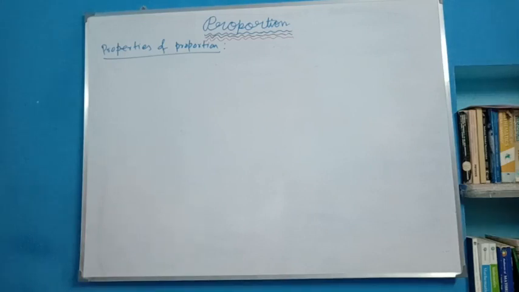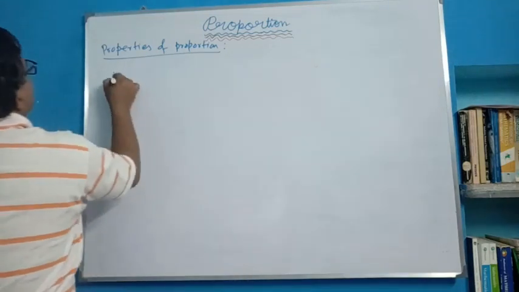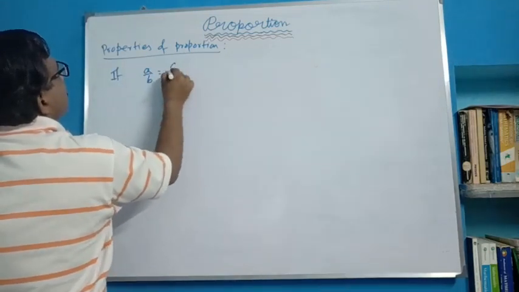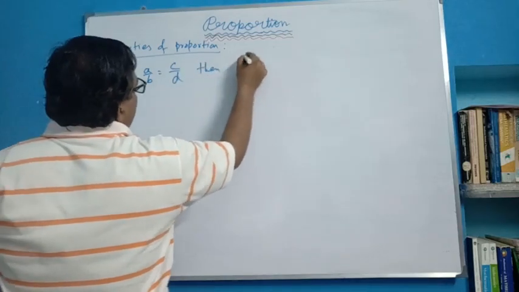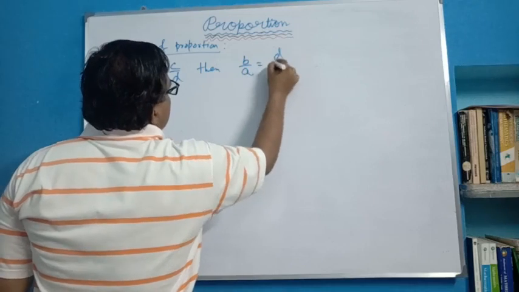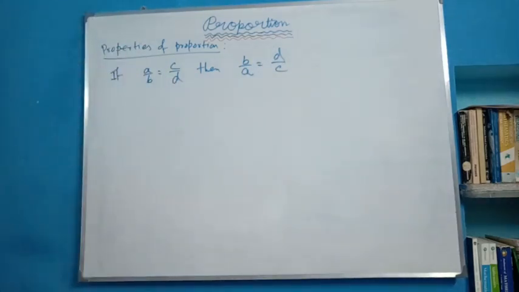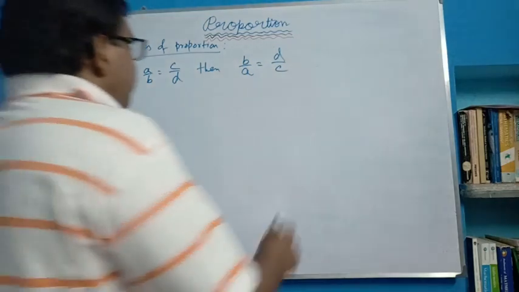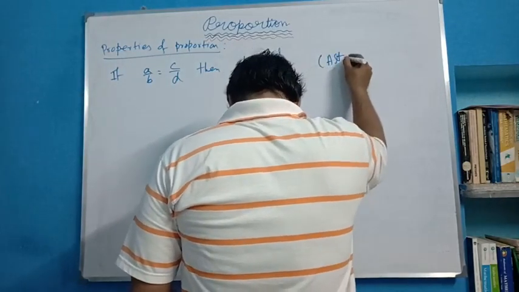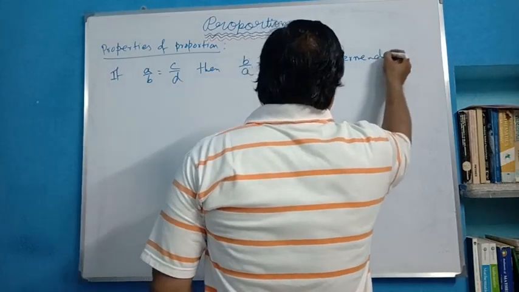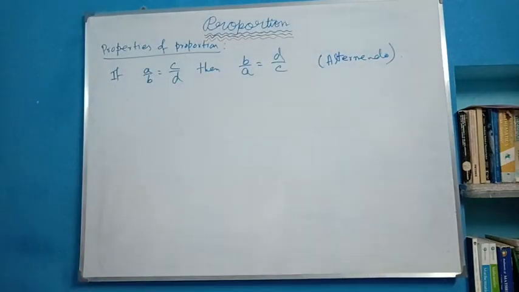Next, we study another property. If A by B is equal to C by D, then we can write B by A is equal to D by C. Sorry, this is not alternando, this is invertendo.